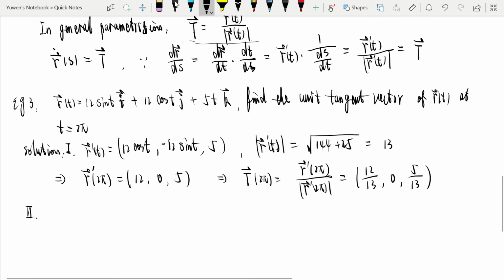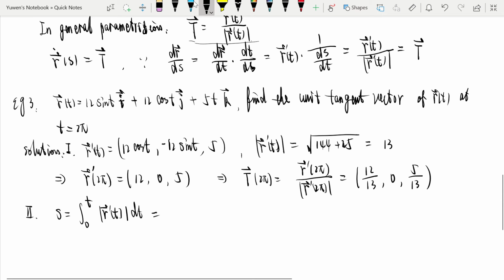The second way, we first represent the curve by arc length. So the arc length is from 0 to 2 pi. We can start from 0. The formula is the integral of the length of r prime t dt, from 0 to t.